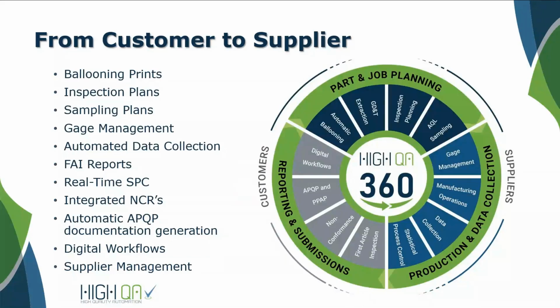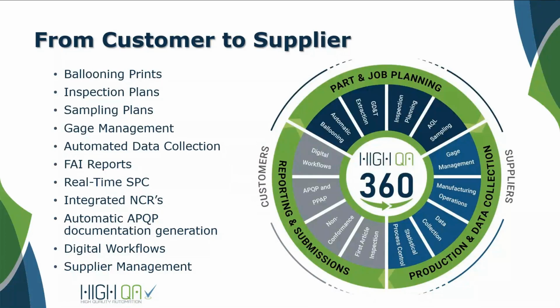So then you can start the planning phase where you automatically balloon the drawing, extract the information from it, including the GD&T, create inspection plans, assign measurement methods, sampling rates, and even assign special designators like key characteristics.